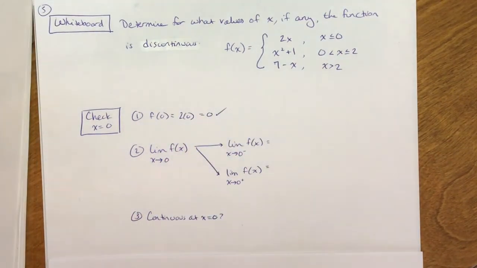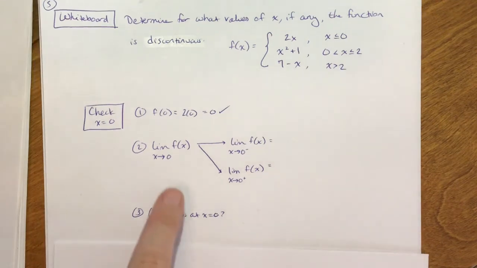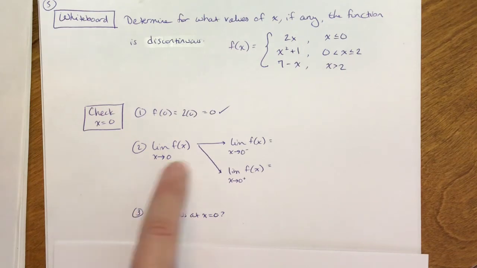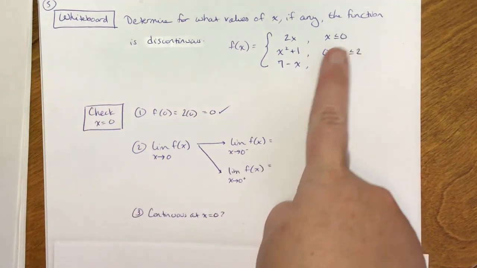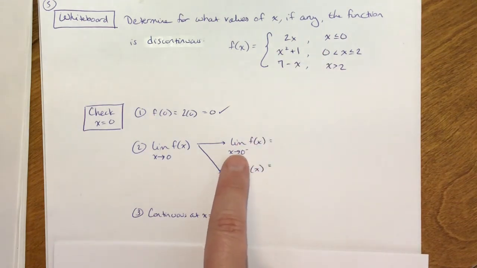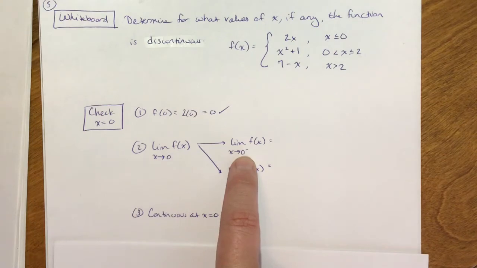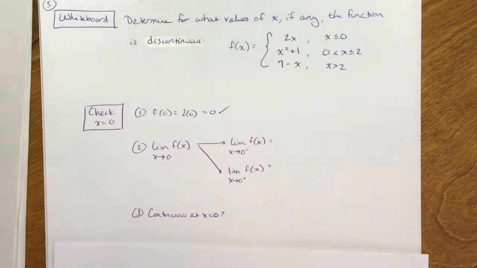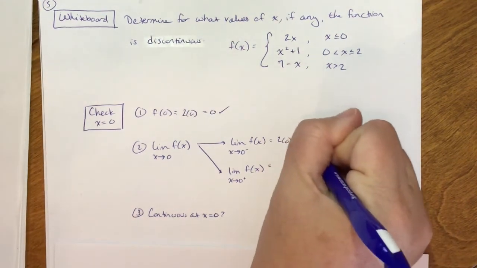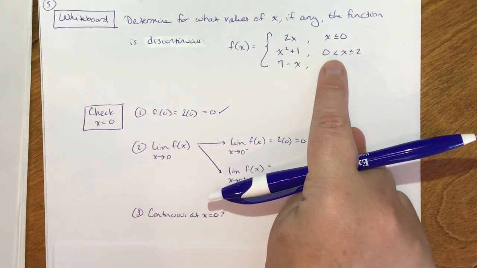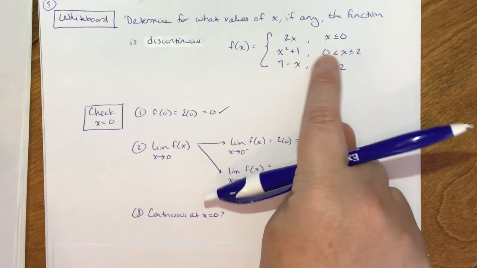Okay. So the next thing I want to check is to see if the limit exists. Because we're talking about a piecewise function and we're checking the x value 0 where I jump from one piece to another, I have to compare the left and right limits. So the left-hand limit, where x is to the left of 0, that means x's are less than 0. I'm on this piece, so 2 times 0. The left-hand limit is 0. Now the right-hand limit. The right-hand limit is where my x values are bigger than 0, so I'm on this piece right here.